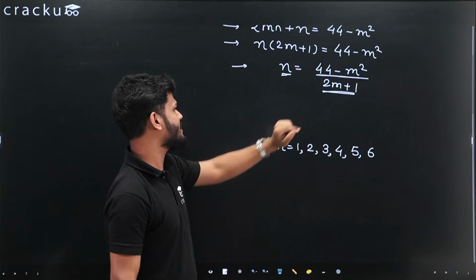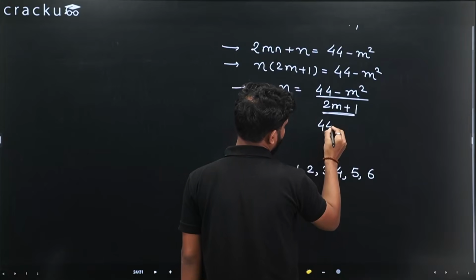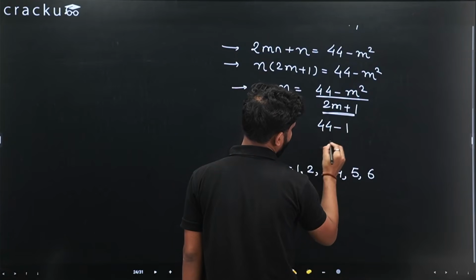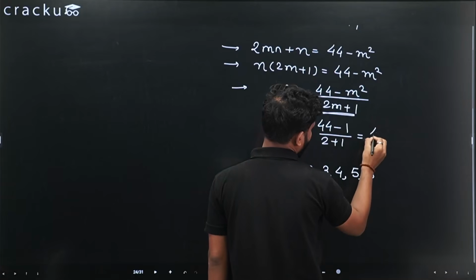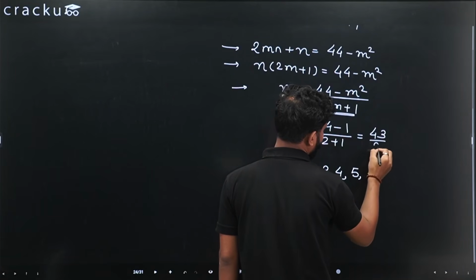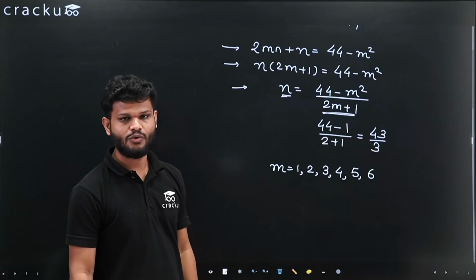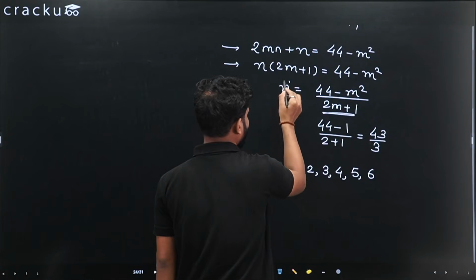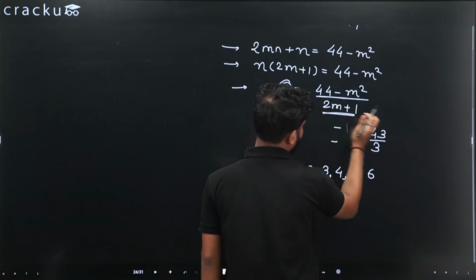Let us say m is equal to 1. If you put m is equal to 1, what do you get? You get 44 minus 1 divided by 2 plus 1, which is 43 divided by 3. Is 43 divided by 3 an integer? No, it is not a positive integer. We want n as a positive integer. So m is equal to 1 is not a correct value.